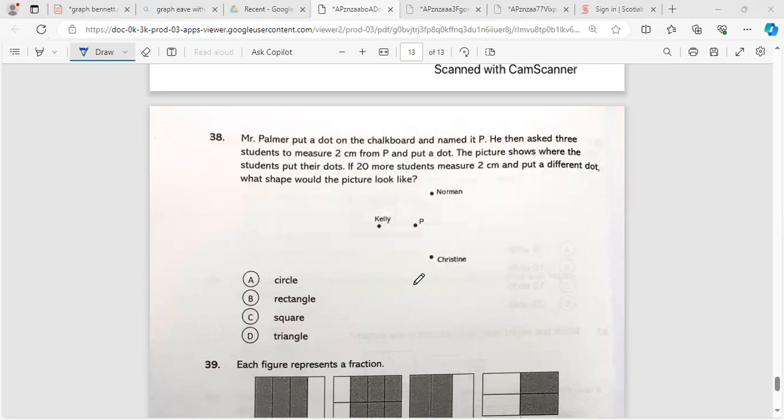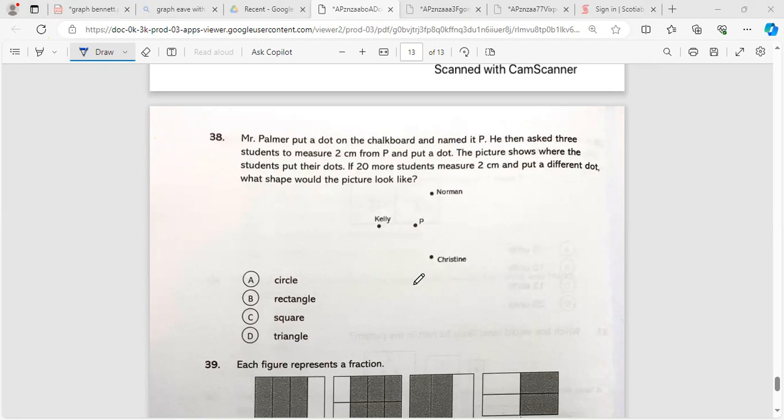Mr. Palmer put a dot on the chalkboard and named it P. He then asked 3 students to measure 2 centimeters from P and put a dot. The picture shows where the students put their dots.